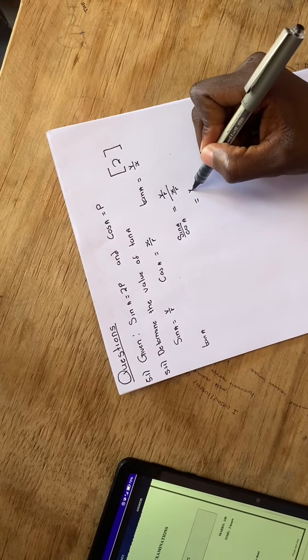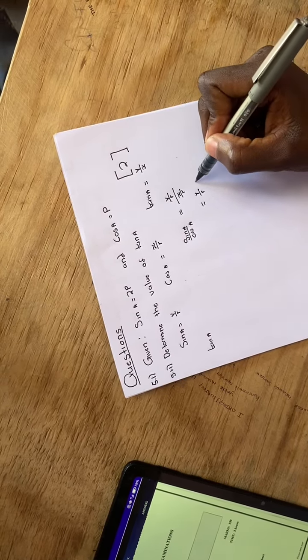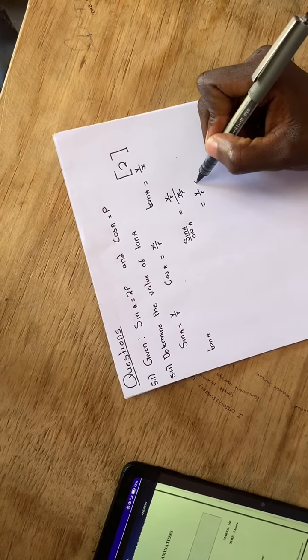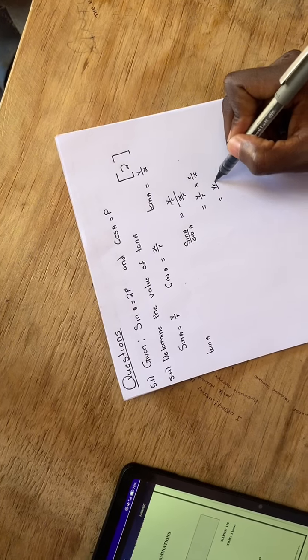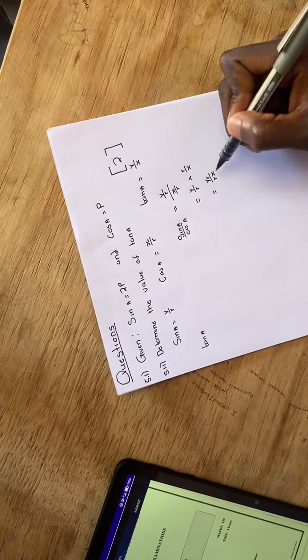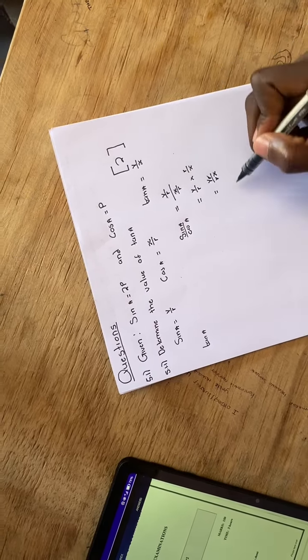So it will be opposite over hypotenuse times hypotenuse over adjacent. This will be y times r over r times x, where r will cancel each other and it will be y over x. And if you look properly, this is the trigonometric ratio for tan.